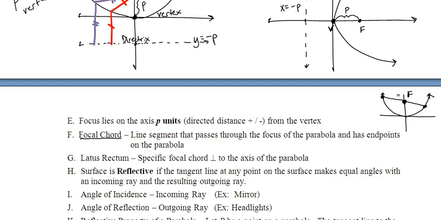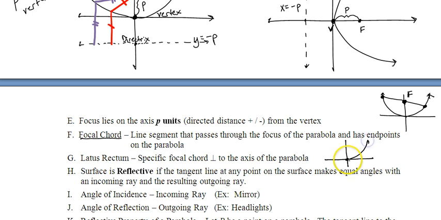So focal chord. Now when you have a latus rectum, quite an interesting name for this, it is a very specific focal chord, and the focal chord has to be perpendicular to the axis of the parabola. So in this situation, if we draw a picture for it, again, have your parabola vertex at the origin, and we'll just have our basic x squared.